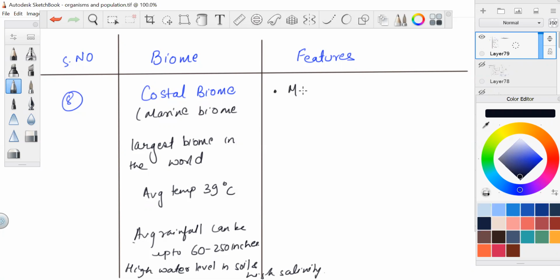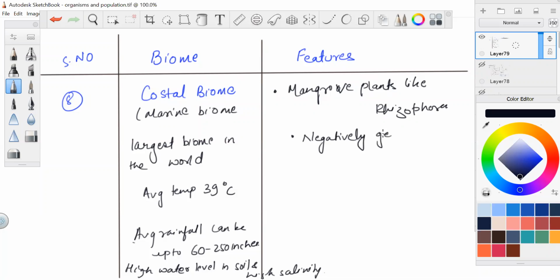So you will see mangrove plants like rhizophora, with negatively geotropic roots; they have respiratory roots or pneumatophores.